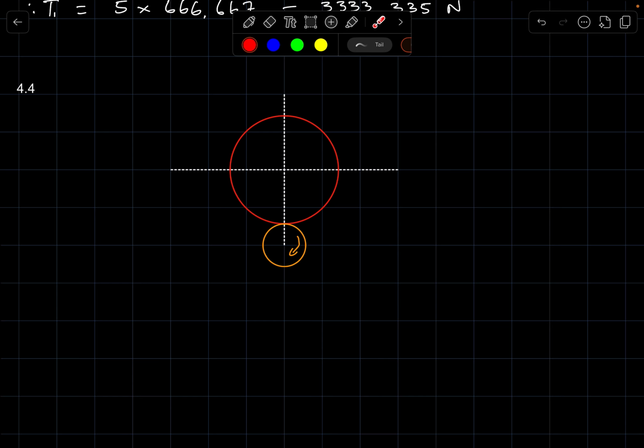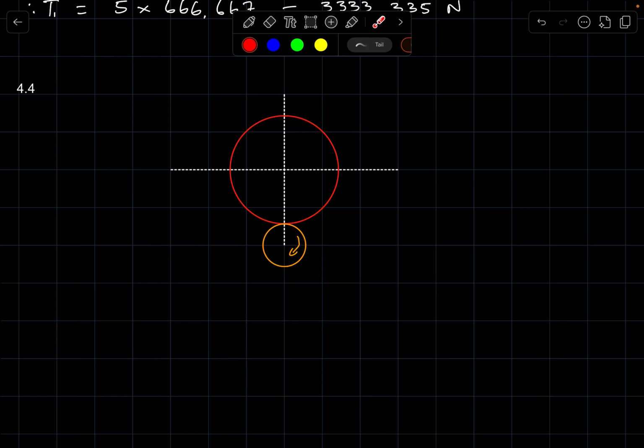Right, by looking at the direction of the pinion and asking ourselves, in which direction would the tangential force have to act so that the pinion rotates clockwise.